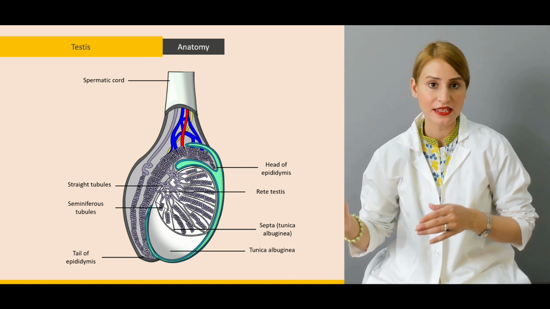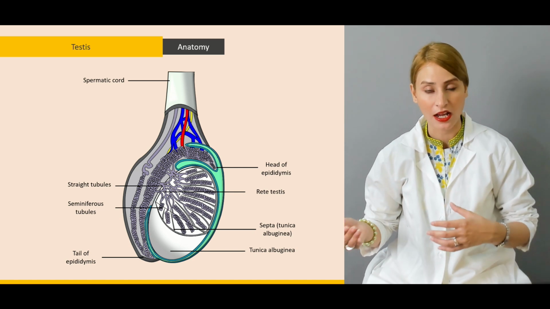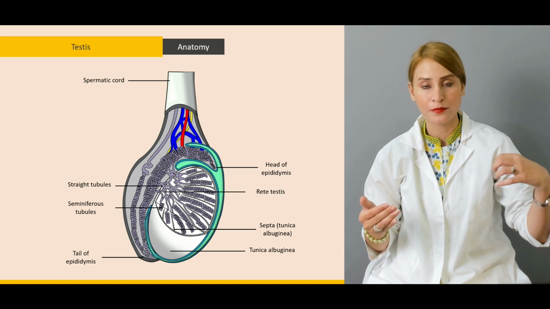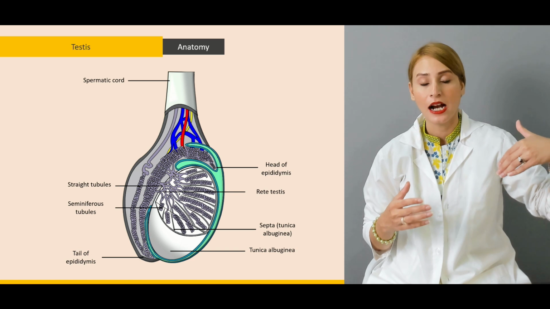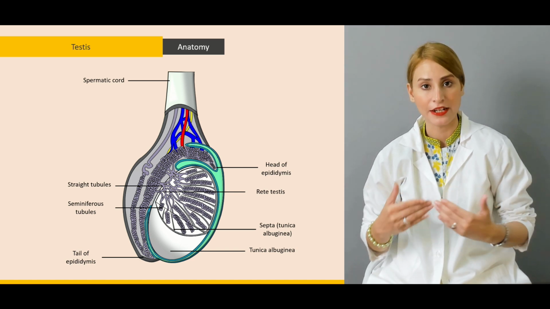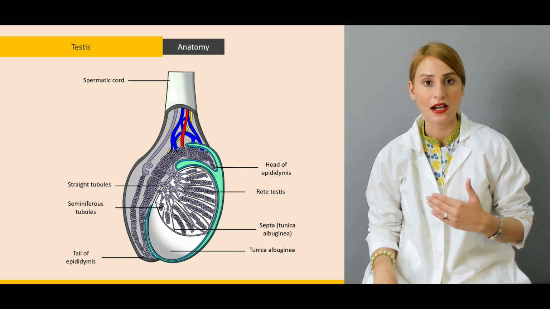But with the passage of time, as the gestational age increases, at near about 7 to 9 months, they follow the track of the spermatic cord and go down along it.